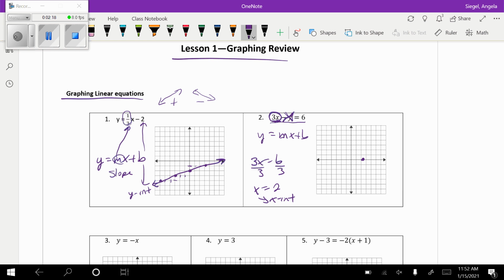So 1, 2. I'm going to do the same thing to find my y-intercept. I'm not going to worry about my x term because that's all zeroed out when I'm finding the y-intercept. So I have negative y equals 6, so y equals -6. So 1, 2, 3, 4, 5, 6 right here.